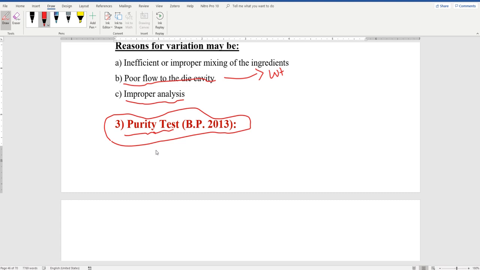Even though when you purchase the powder it is in accordance to certain standards, for example United States Pharmacopoeia standards, or the British standards, Indian Pharmacopoeia, etc. So you are buying it according to Pharmacopoeia standard.